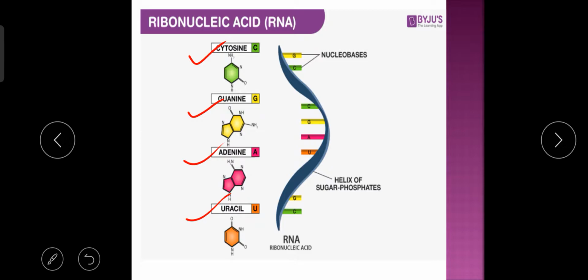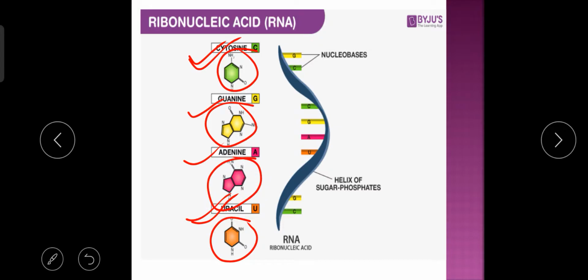Here you can see cytosine and uracil, the first one and the last one. These two are the pyrimidines, and that is why they have a single ring structure, whereas guanine and adenine are purines, and that is why they have a double ring structure.